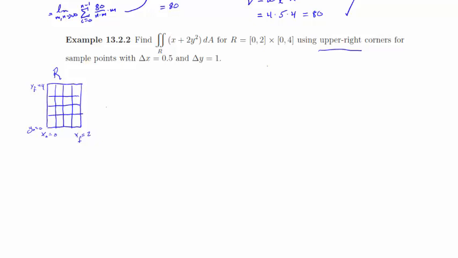If we're using upper right corners, we want these 16 points here. So x sub 1 equals 0.5, y sub 1 equals 1.